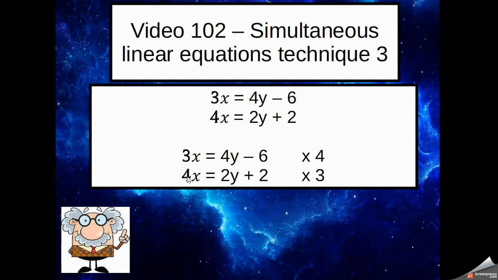So in this case, 4 is in front of the x in the second equation, so I'm multiplying the first one by 4. And 3 is in front of the x in the first equation, so I'm multiplying the second one by 3.